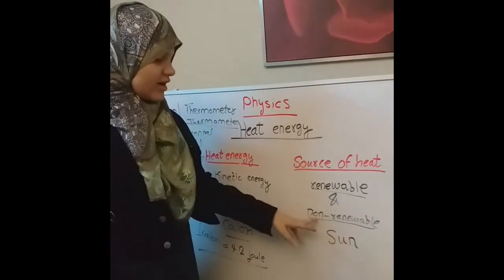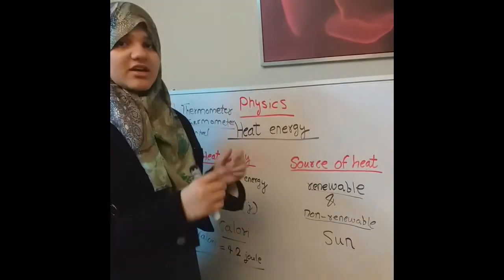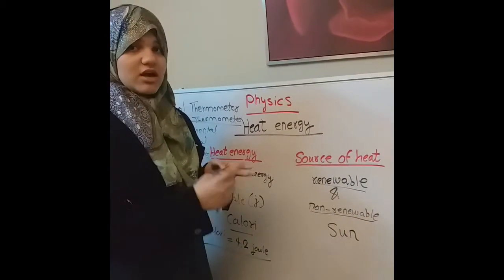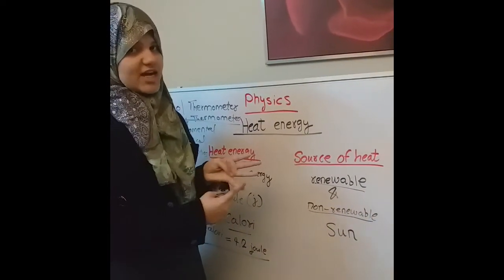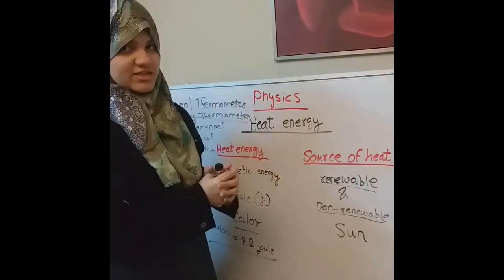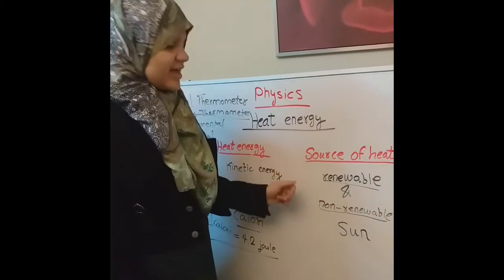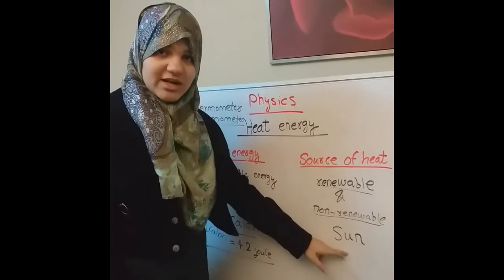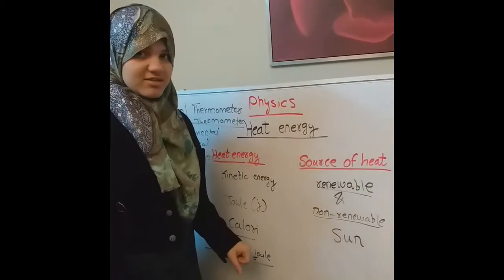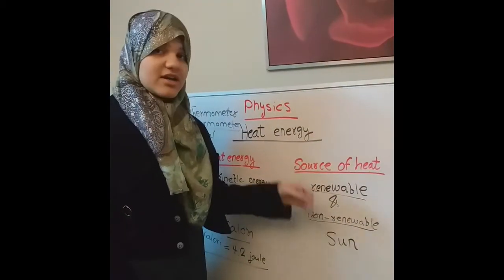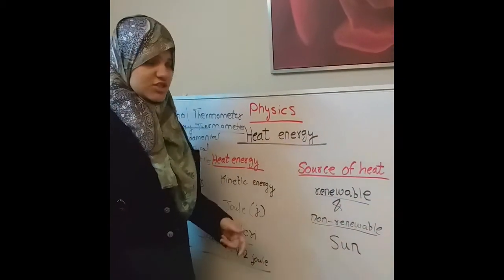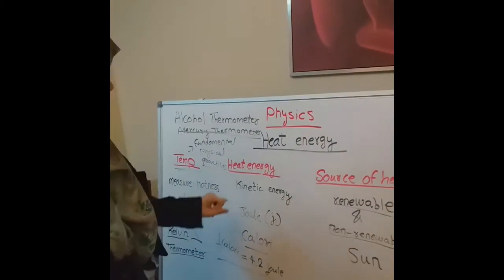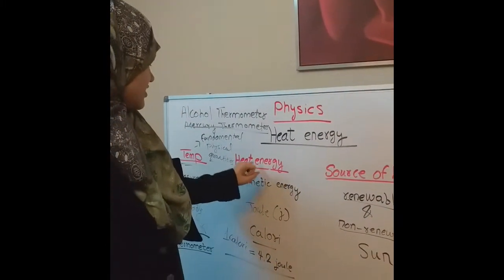Examples of non-renewable are kerosene, petrol, oil, coal, and firewood. Also, the sun is a natural source of heat energy.